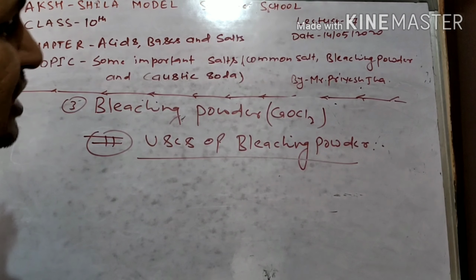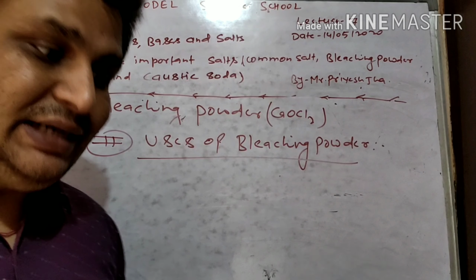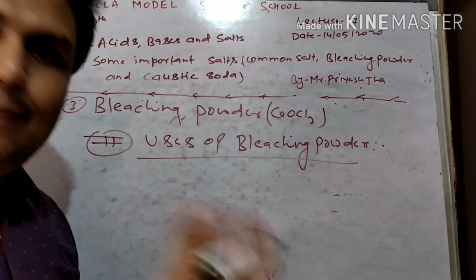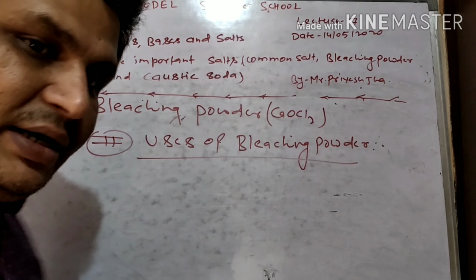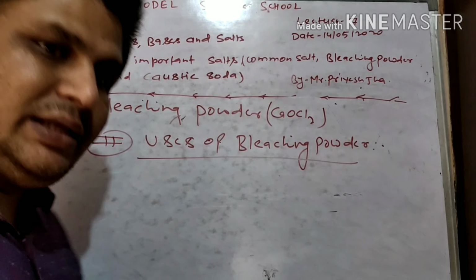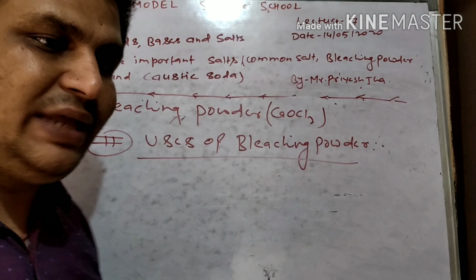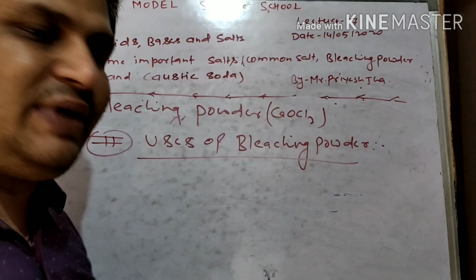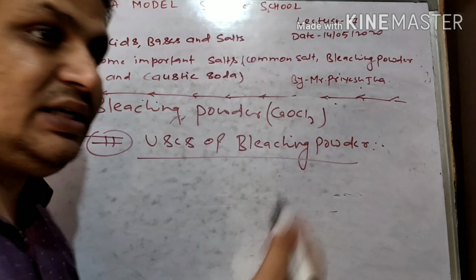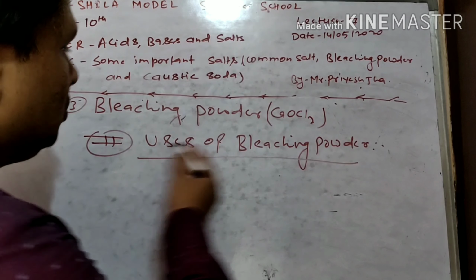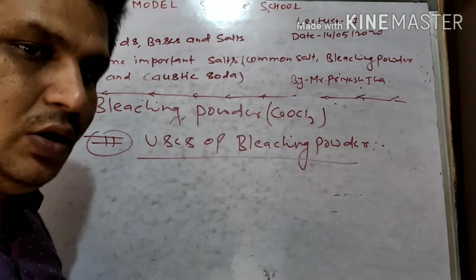So, generally, bleaching powder is used as a disinfectant in water. Disinfectant is generally a chemical compound which is used to remove unwanted bacteria other than animals. So what do we call it? We call it a disinfectant. There is an antiseptic and there is a disinfectant. Antiseptic is generally used for living things and disinfectant is generally used for non-living things. So bleaching powder is generally used as a disinfectant in water.